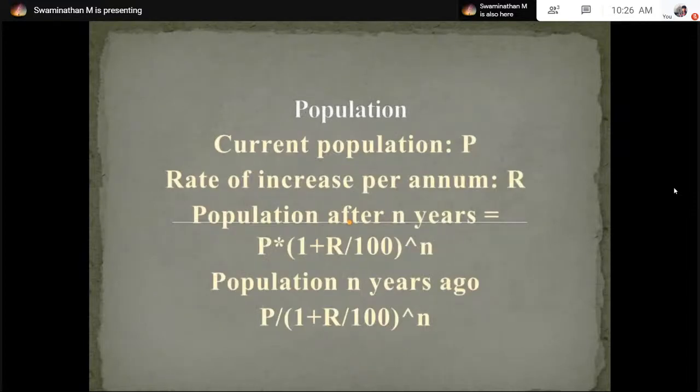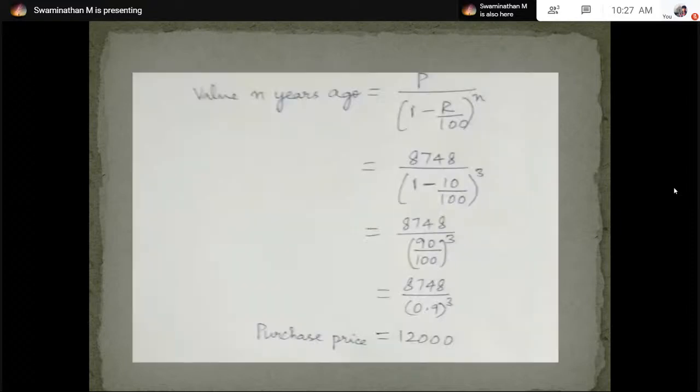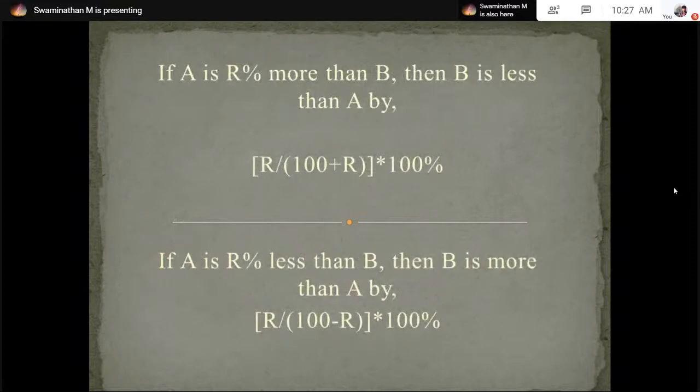The value after n years is found by multiplying with the current population, and for the value n years ago you have to divide. And this is, if A is R% more than B, then B is less than A by R by 100 plus R%.